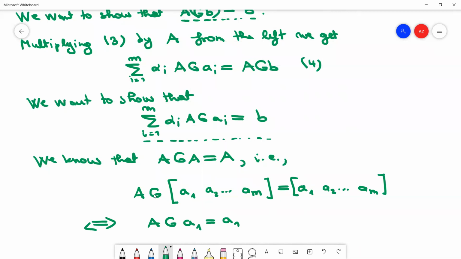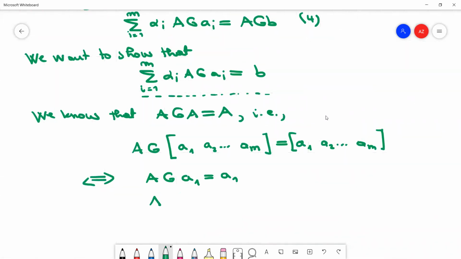And then AG on the second column is the same as the second column of the right side. So AG A2 is equal to A2, and so on. AG AM is equal to AM. So I only rewrote this equation into M vector equations.